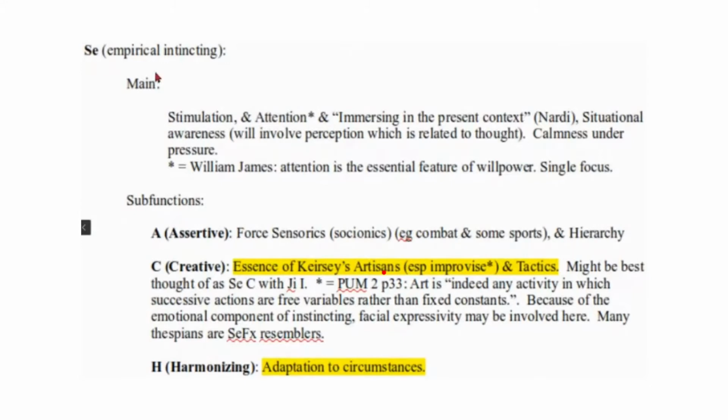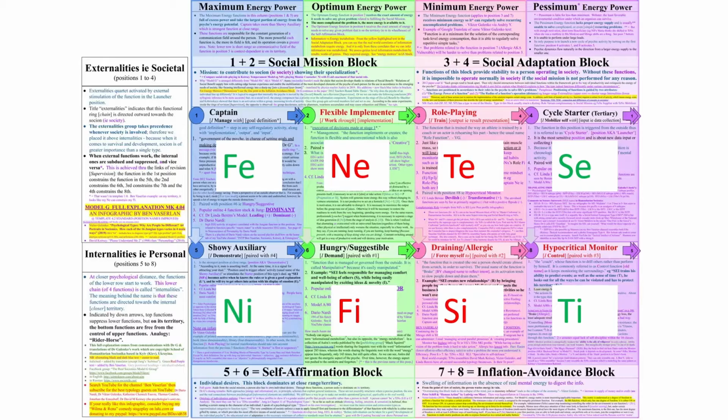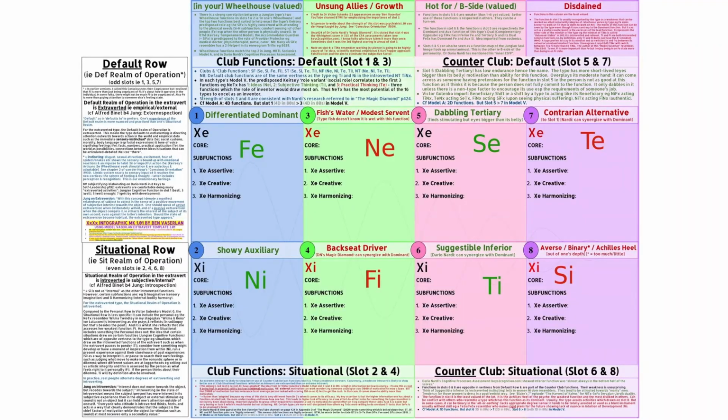Yeah, the subfunctions do help clear up that difference, where you can have two types that seem so different and yet are both supposed to use SE really strongly. So yeah, I think the conscious and unconscious side of things could come into it as well, with the functions in red here. These ones are unconscious in most systems.